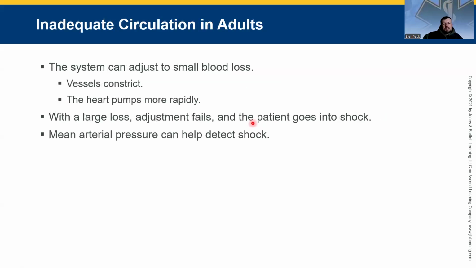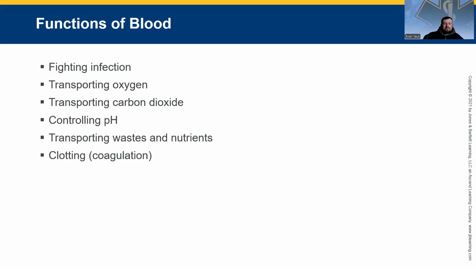With inadequate circulation, the system can adjust for small blood loss. Our vessels will constrict and slow things down. The heart pumps more rapidly to feed everything else. With a large loss, that adjustment fails. The patient goes into shock, and the mean arterial pressure can help detect shock.